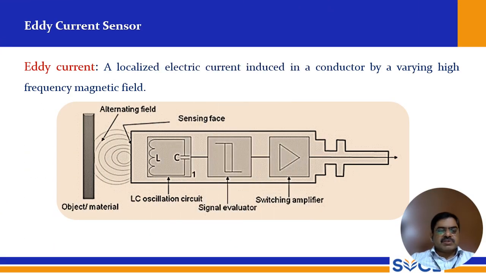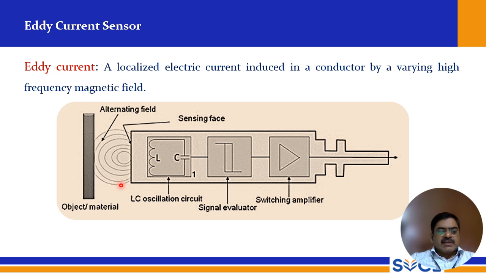So this is the construction of the eddy current sensor, and here the object essentially should be a conductor. It should be a conducting material, and when the alternating current is applied to this probe, in the presence of this conductor the magnetic field will be induced.